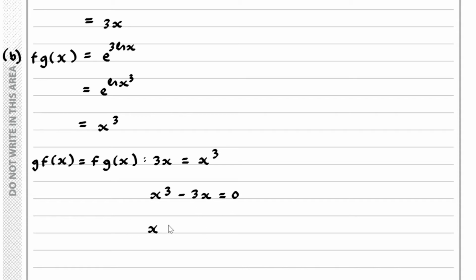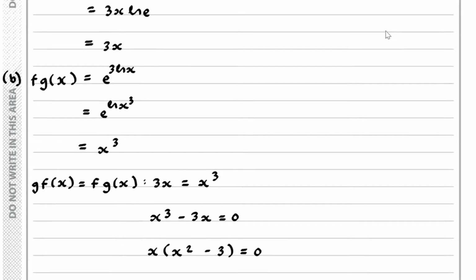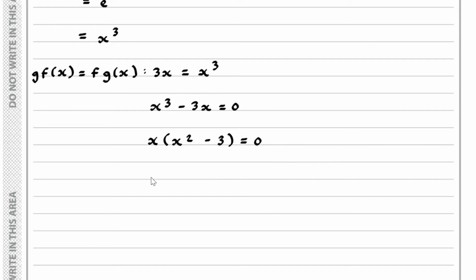So we've got x lots of x squared minus 3 equals 0. And so if we solve for this, either x is equal to 0, or if x squared minus 3 equals 0, x is equal to plus or minus the square root of 3.